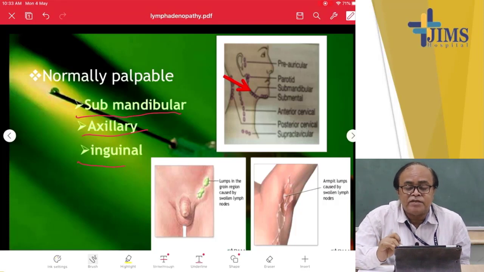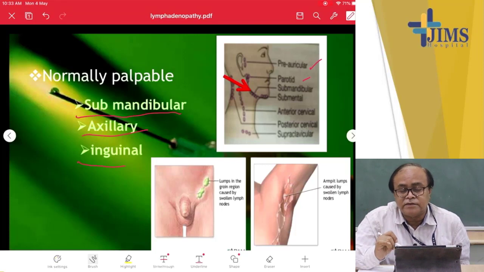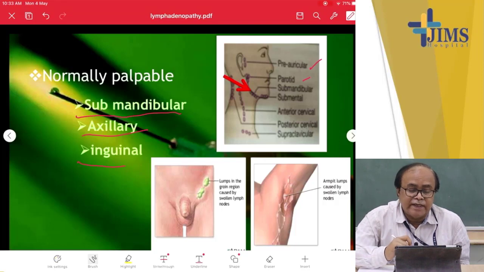And in the face, preauricular, parotid, and in the neck, anterior cervical, posterior cervical. In the inguinal region, in the groin, you will find these inguinal lymph nodes. In the axilla, in the armpit, lymph nodes are found.